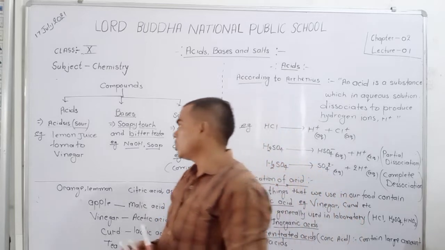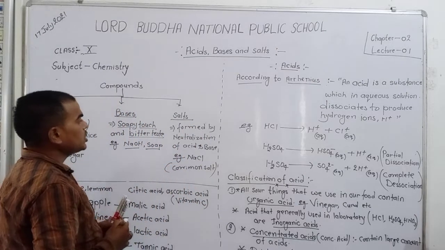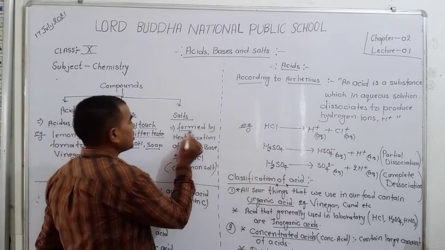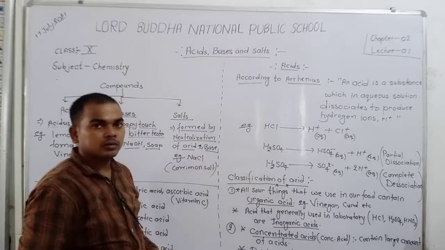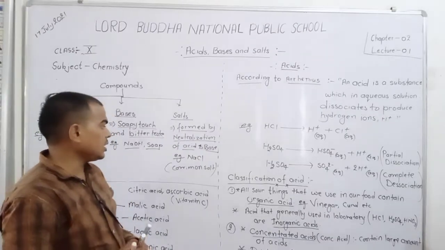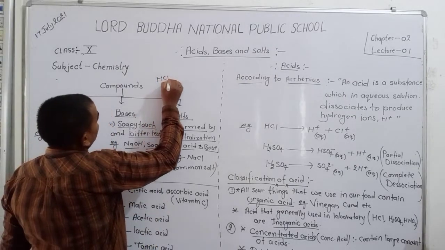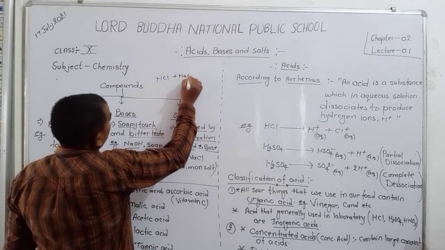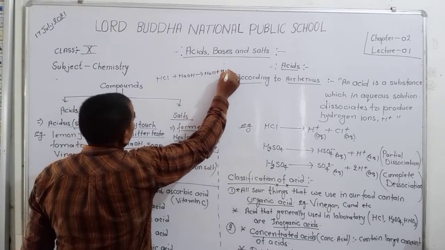Okay, students. Now we discuss salt. Here, salt is formed by neutralization of acid and base. An example of neutralization of acid and base: the acid HCl and base NaOH form NaCl plus water.